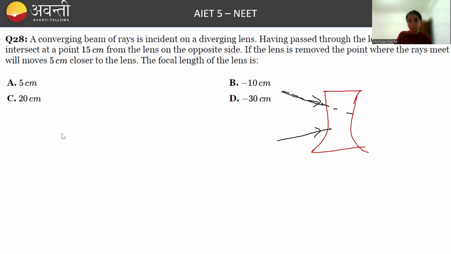So we will see where they appear to meet. Where the incident light appears to meet gives you a virtual object. So this is the virtual object.